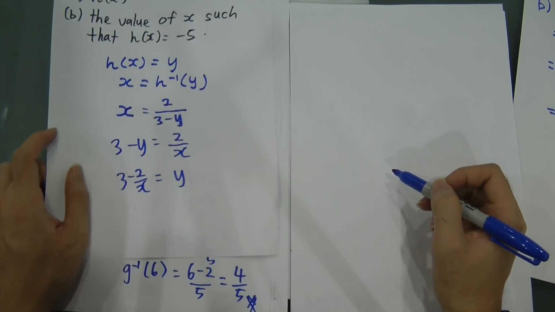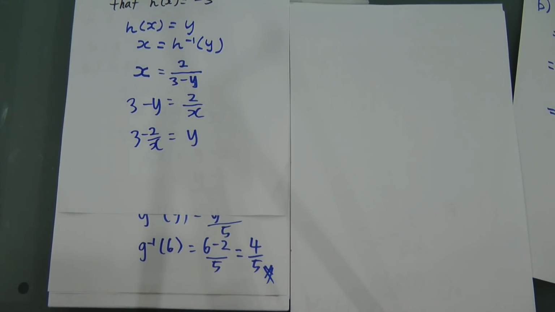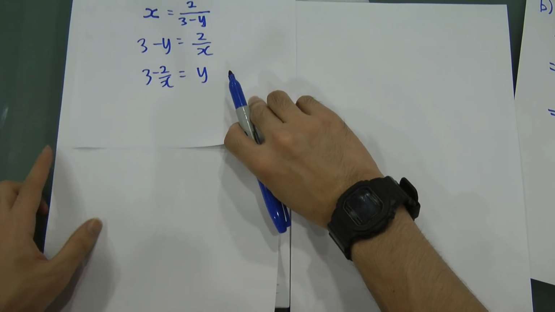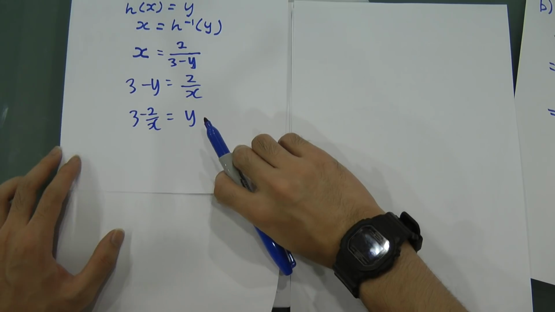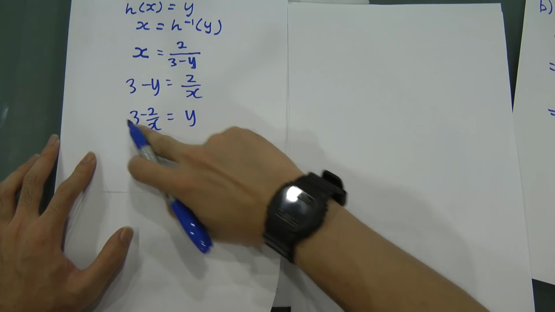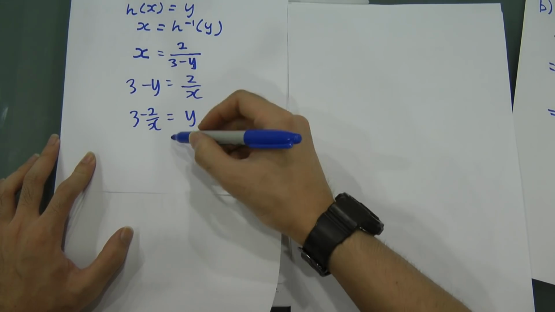Okay, and I simplify this one. Okay, and then I get more space, so maybe I move on the top. Okay, later I move back here. Okay, so now, y is h(x), y is equal to h(x).